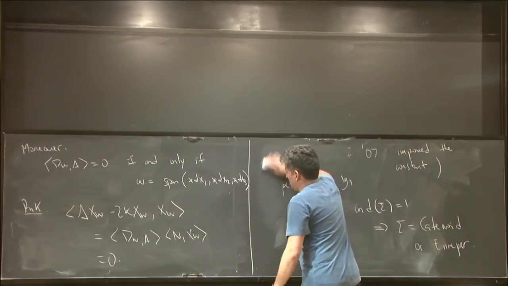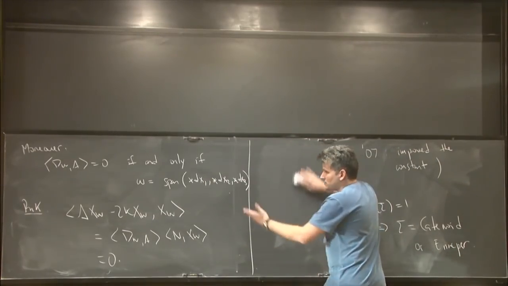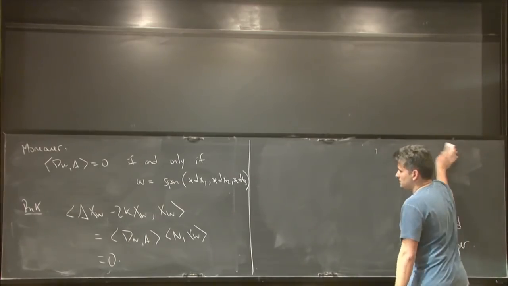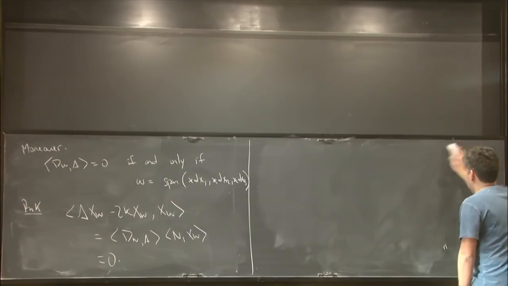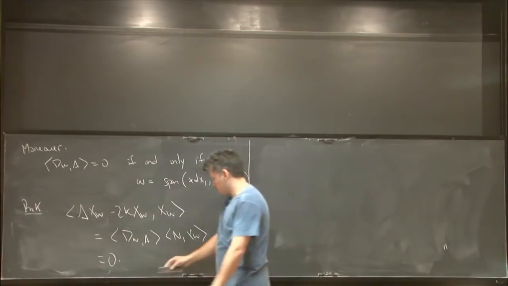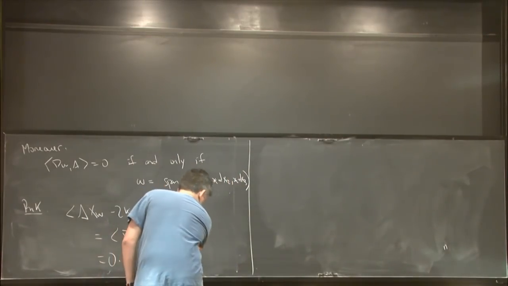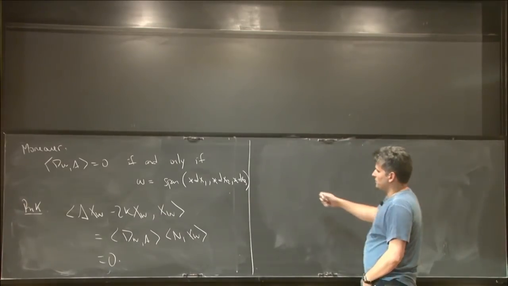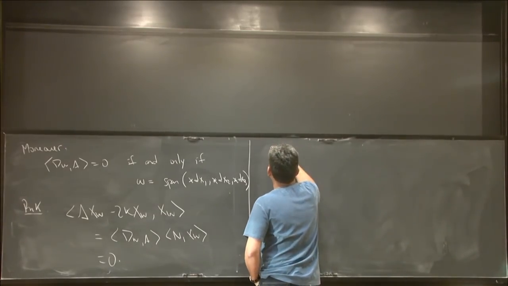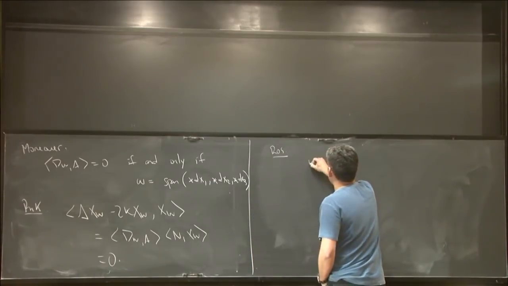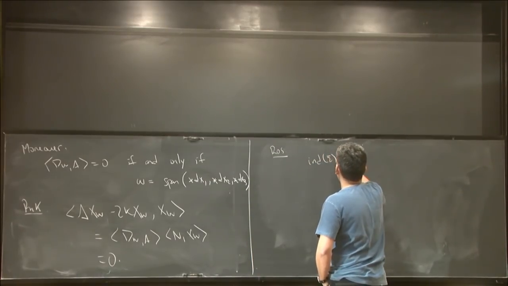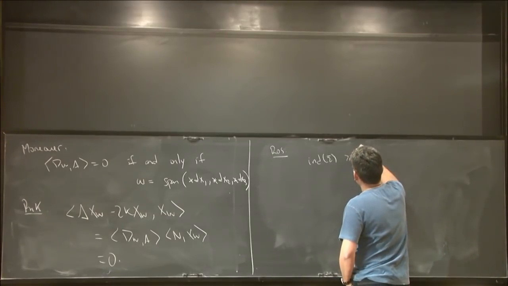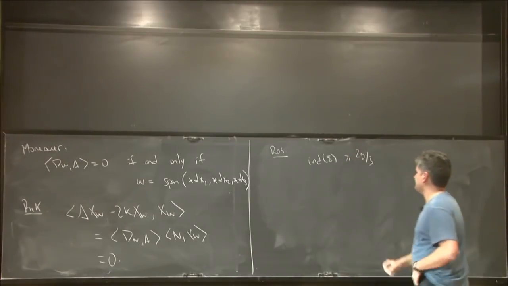Okay, so this lemma, it's basically a calculation that's done in Ros. So let me show you how he proceeds from that. Suppose we want to prove the index bound, right? That the index of sigma is greater or equal than this.